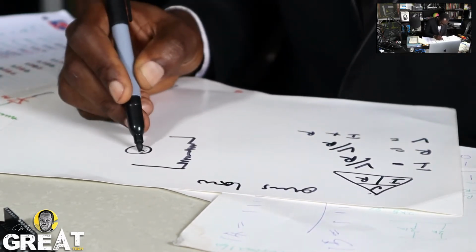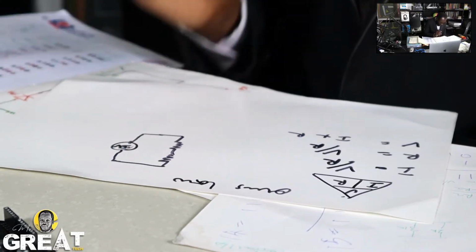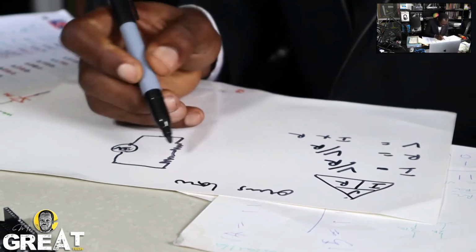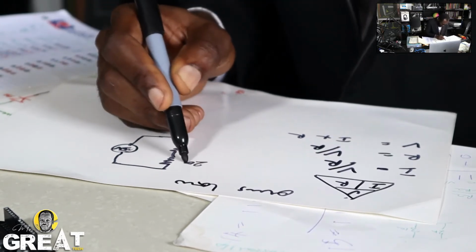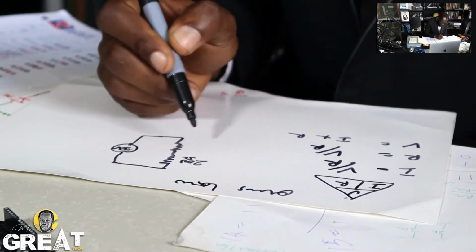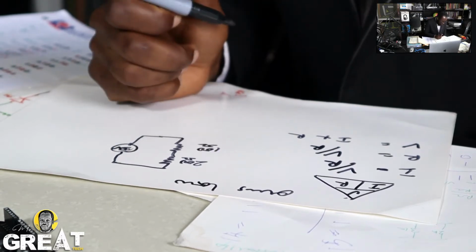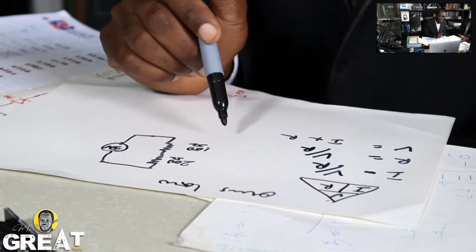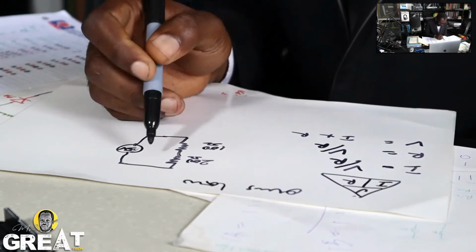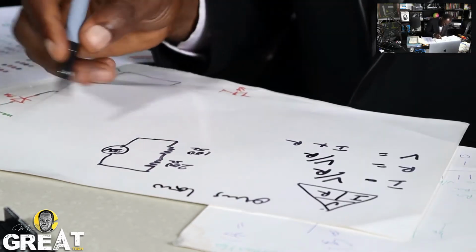This is the voltage, 5 volts, and let's say this is 200 ohms and this is 100 ohms. So when you have resistors in series like this, what should the summation of the resistance be?